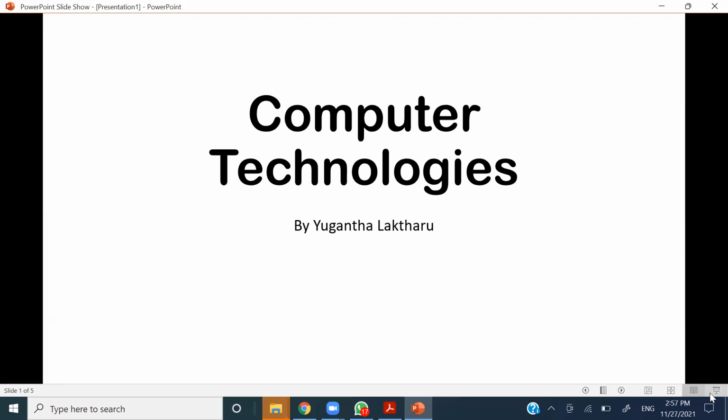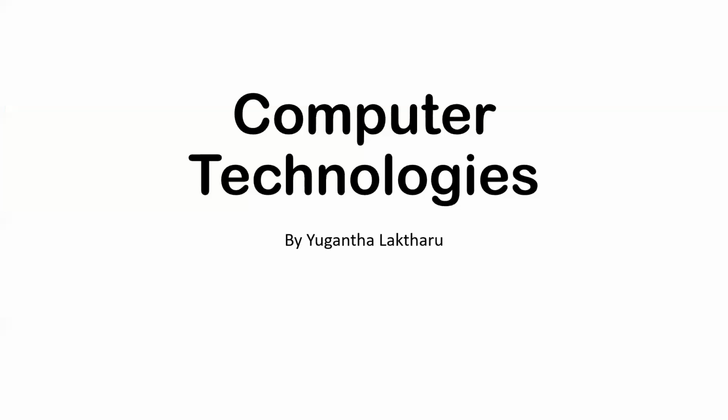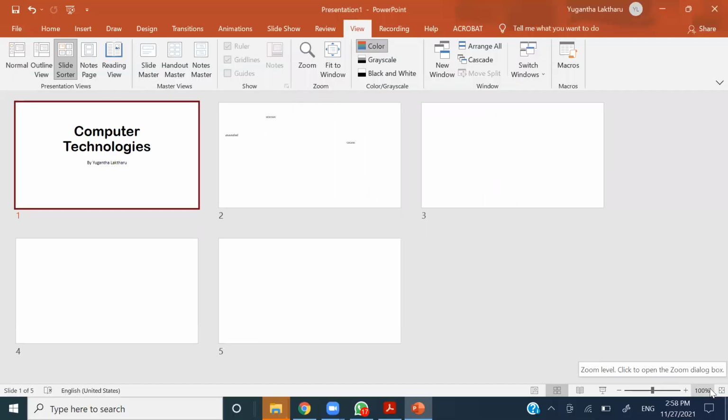So the last view mode is the slideshow mode. If I click on that, the entire screen will get occupied by the presentation. Right? So how are we going to get away from that? Using the escape button. Press escape. So you will be on the view that you had when you started your presentation. Right? I'll switch back to the normal view.